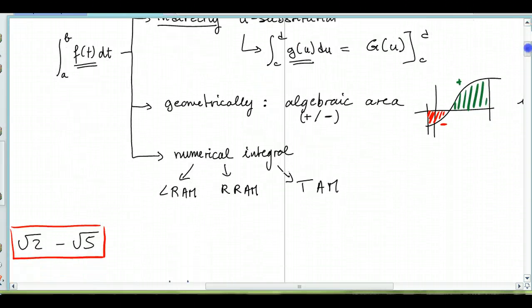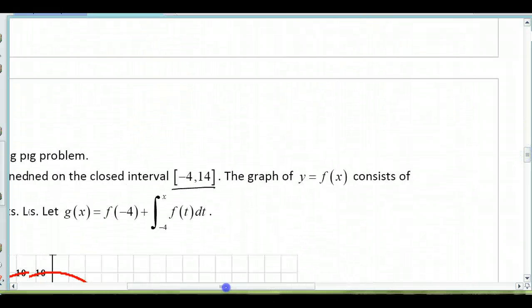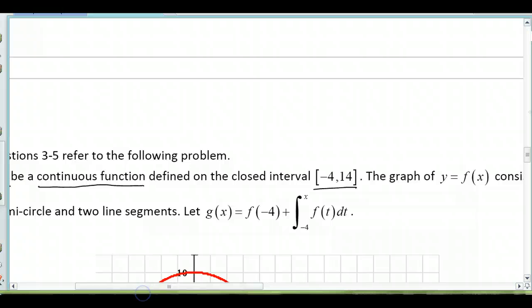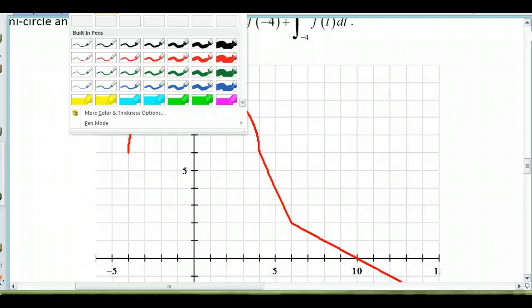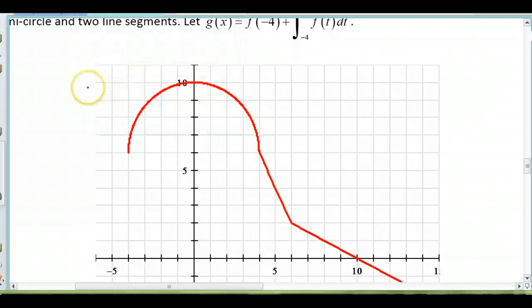Two more ways: geometrically or numerically. Now, it's pretty obvious which it should be, because the problem is telling me that the graph of f consists of a semicircle and 2 line segments. So I'm guessing it should be a geometric approach to solving this question. Okay, so let's try that.